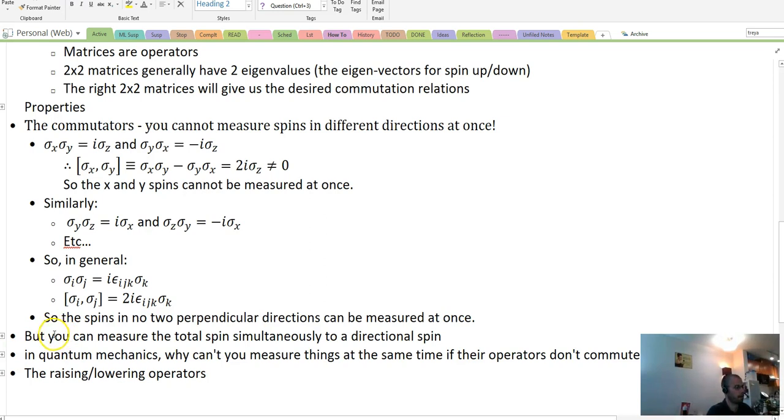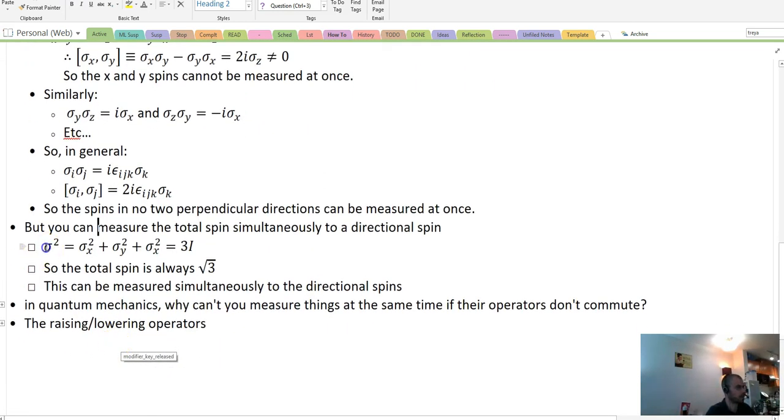All right, but you can measure the total spin simultaneously to a directional spin. So to get the total spin squared, right?